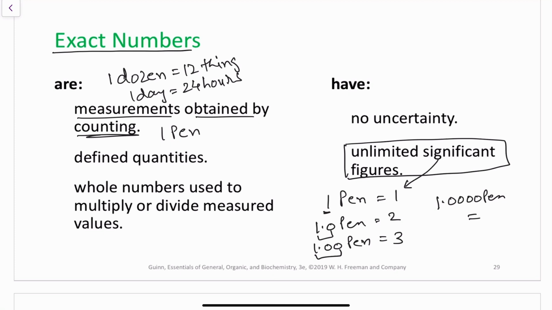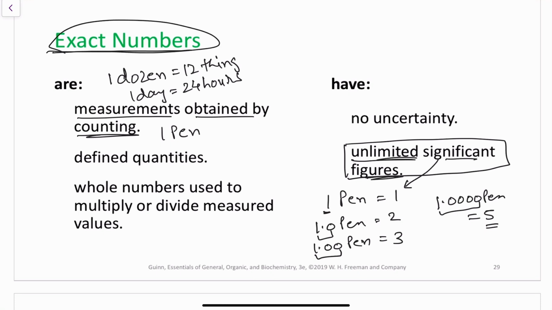How many pens do we have? Just 1, still 1 pen. But how many significant numbers in here? 5. So that means you can add as many zeros after an exact number. That number will not change, but the number of significant numbers is going to change. So you can have unlimited significant figures for an exact number.